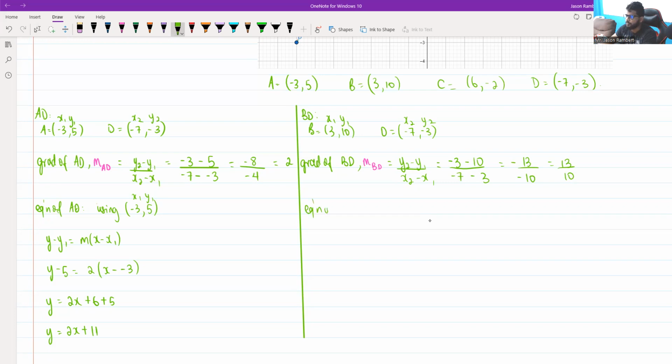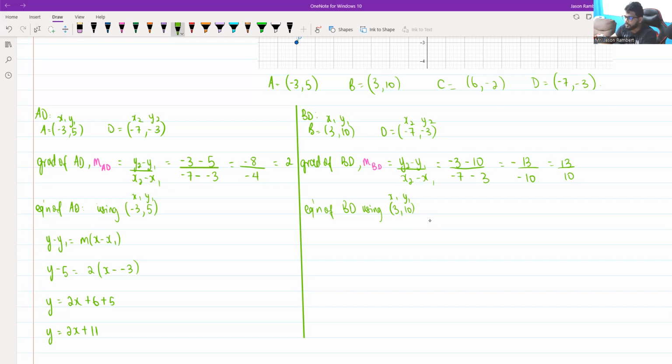Equation of BD, and I'll be using B, which is 3, 10, as x1, y1. Now you could have used D as well if you wanted to. Nothing is wrong with that. Cool?